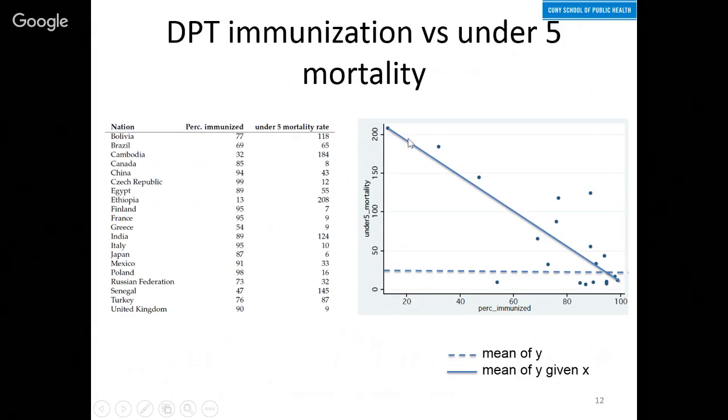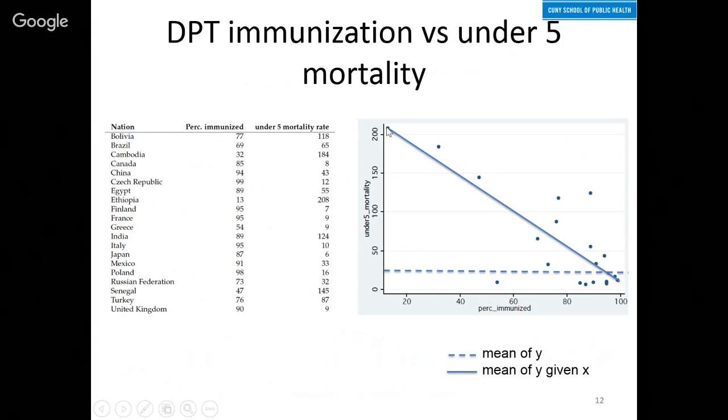And one more example of what I'm talking about, this variability in y given variability in x, is drawn out a little bit more here in this plot of diphtheria, polio, and tetanus immunization versus under 5 mortality in about 20 different countries.